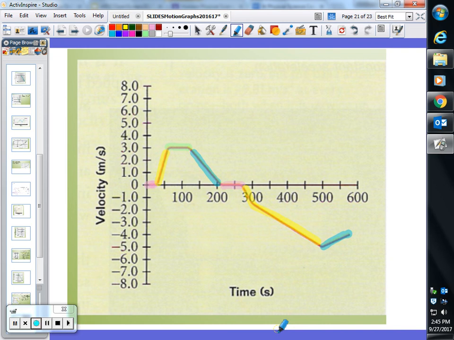All right, so let's discuss. Velocity graphs are complicated. Keep in mind that in order to tell us the velocity of something, the graph has to describe two things. In order to describe the velocity, we need to know what?